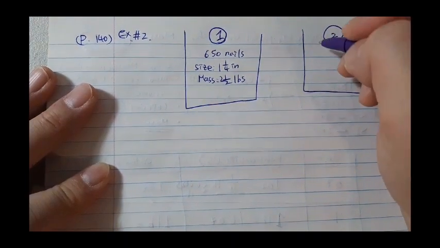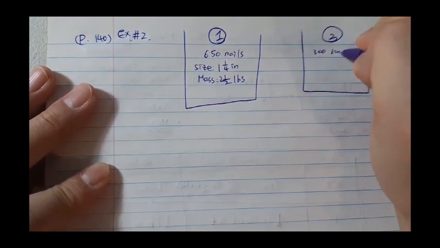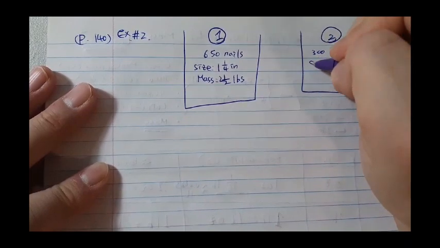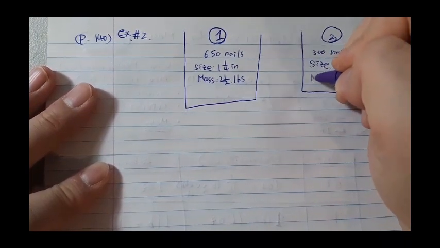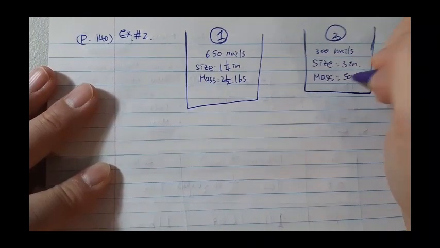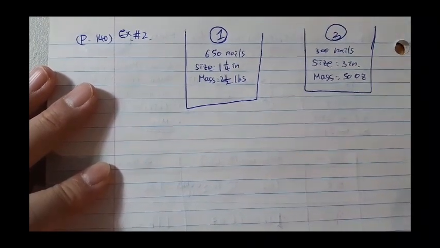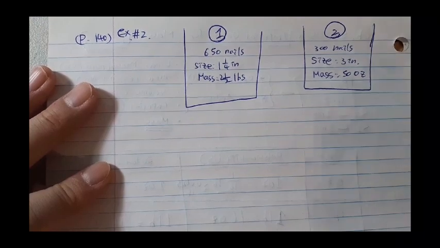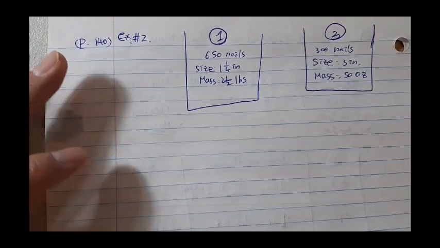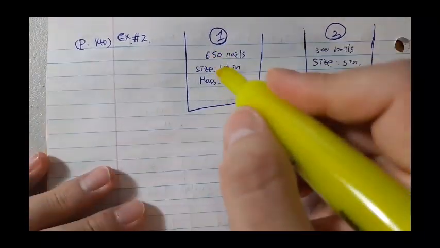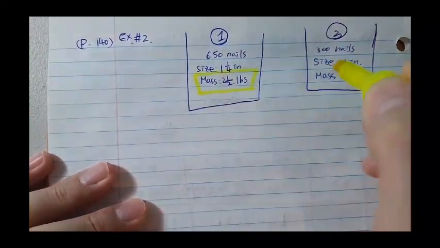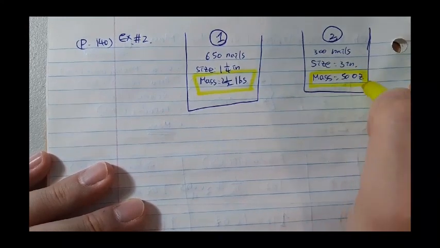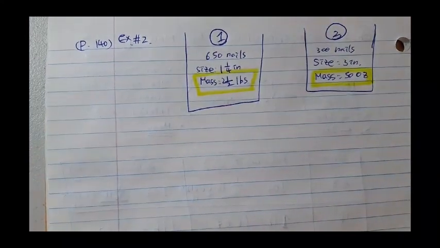If I look at the other one, 300 nails, I have size that is 3 inches, and I have mass that is 50 ounces. Now, in the end, the question is asking what is heavier, which means size really doesn't matter at this point. Size is more volume. We are specifically comparing mass in this situation.